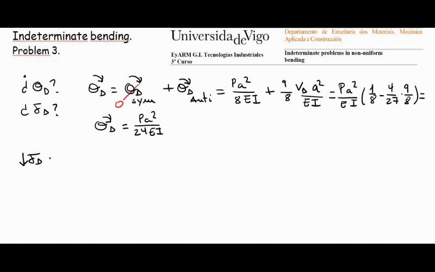Regarding the deflection of the cross-section D, we have the deflection of cross-section D in the symmetric case plus the deflection of the cross-section D in the antisymmetric case, and we know that the second addend is equal to 0.